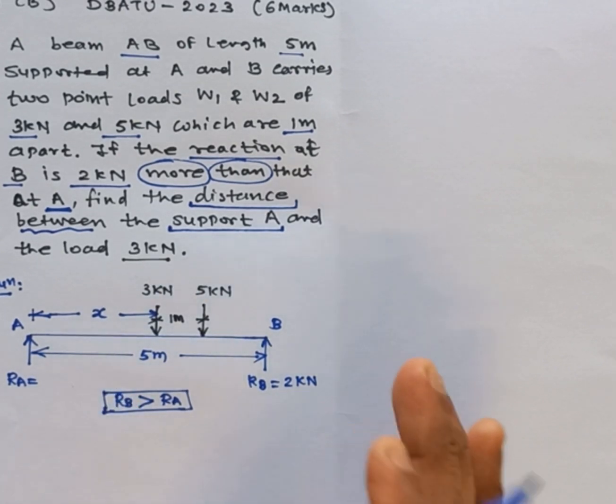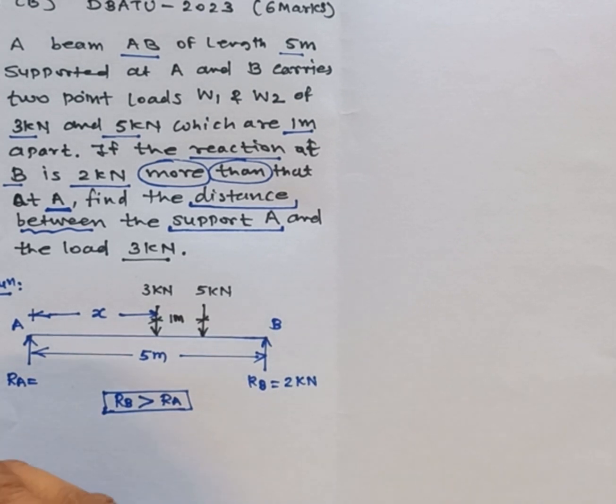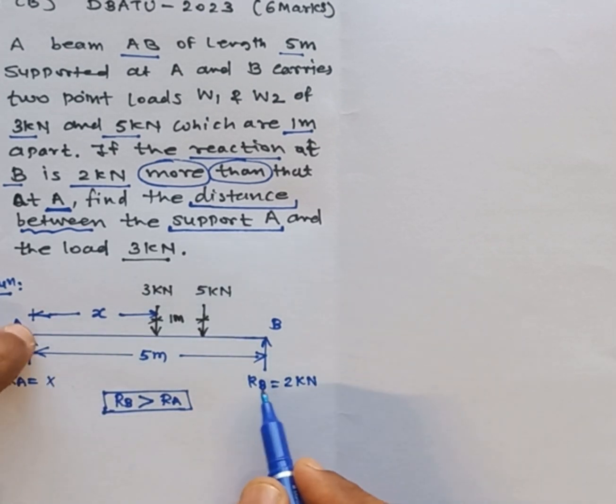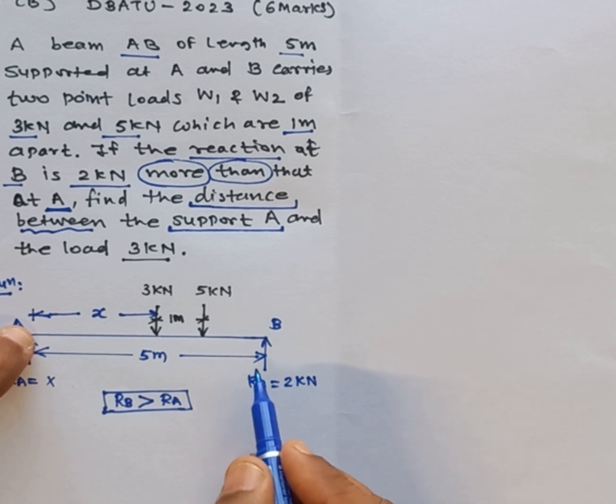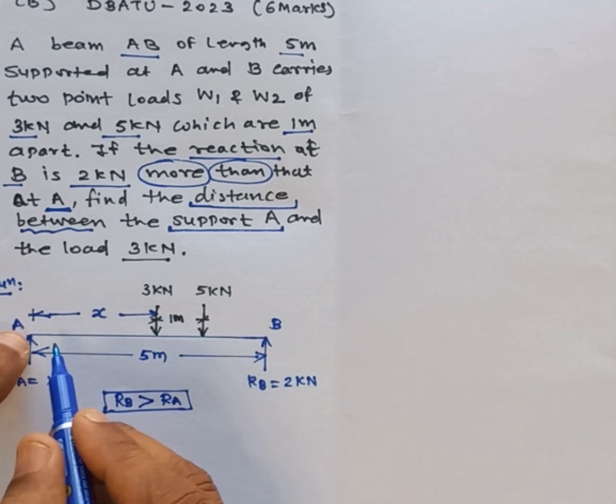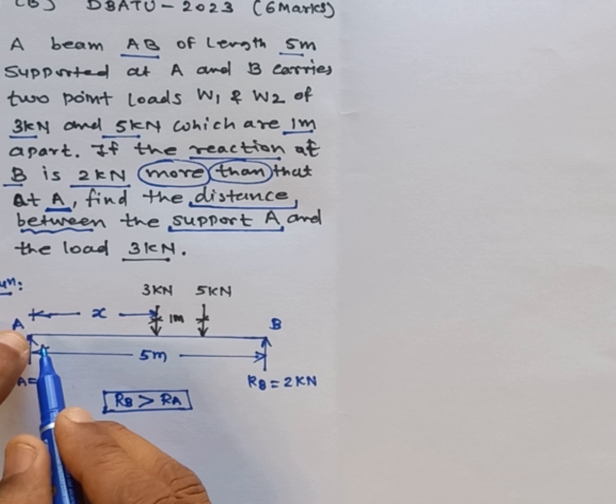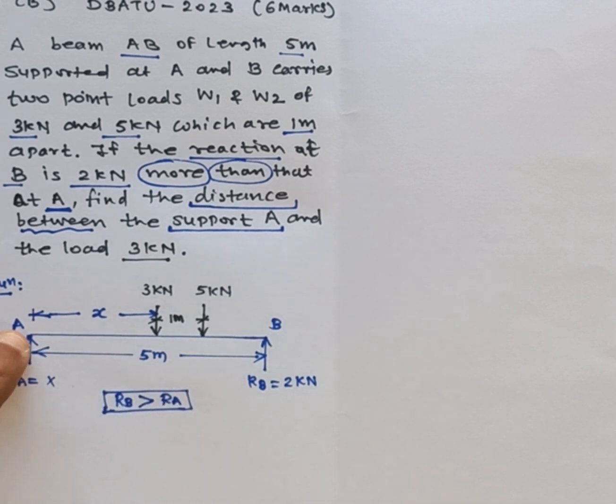So we will use the principle of moments and we will get the distance x simply. You need not find the reaction RA here. You have one reaction with you, and if you take the moment of all the forces about A, you will simply get the distance x. That is what is expected here.